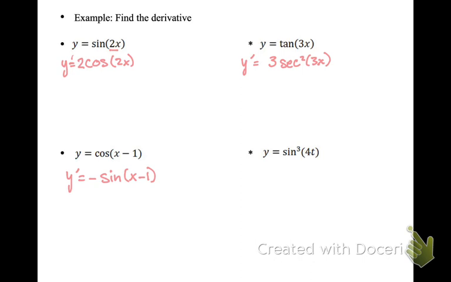It's negative sine of x minus 1. Do you guys get that? Yeah. Good job. Well, I put my one in front, but you're right, we don't need it.